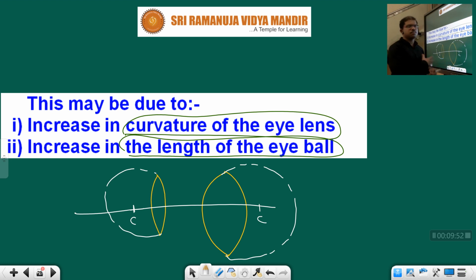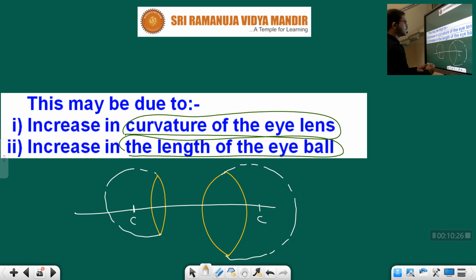But if the shape of the convex lens is fixed like that, there is no change in the focal length, children. Depending on the object distance, they should modify. But if the eyeball length or curvature of the lens increased and it is stable like that, there won't be any adjustment of focal length according to the object distance, children, and we can't see the image clearly.